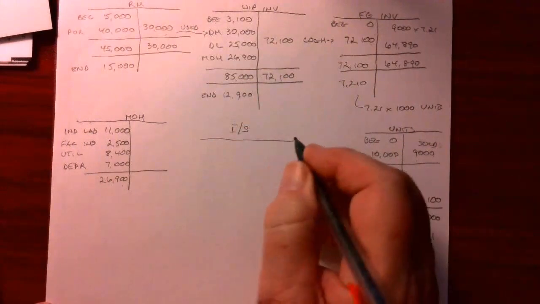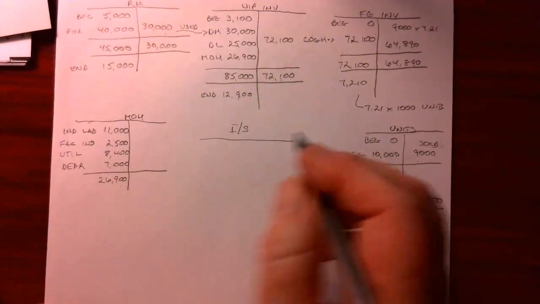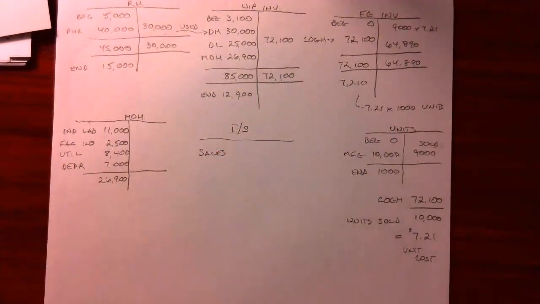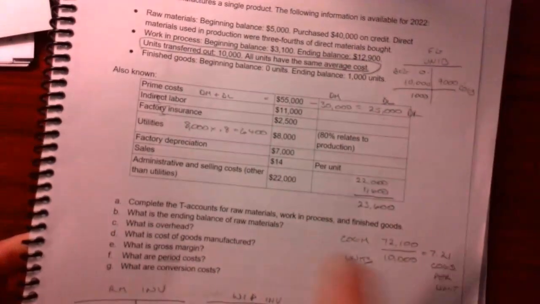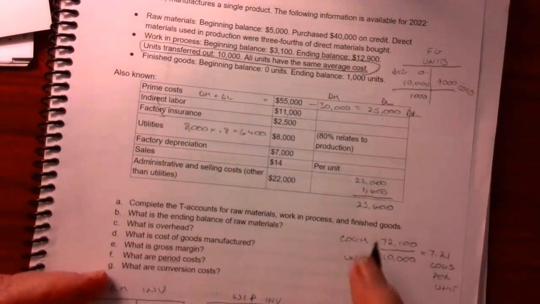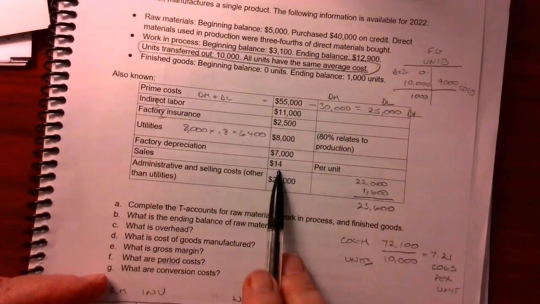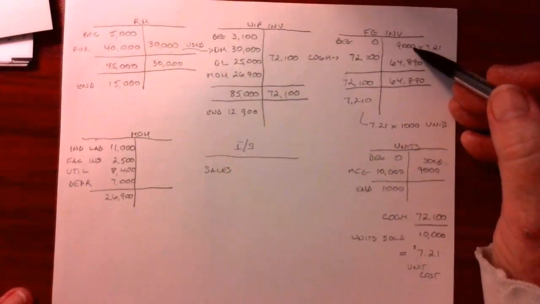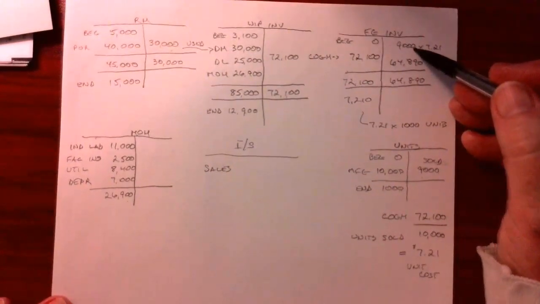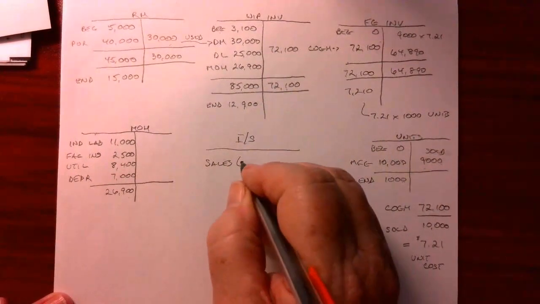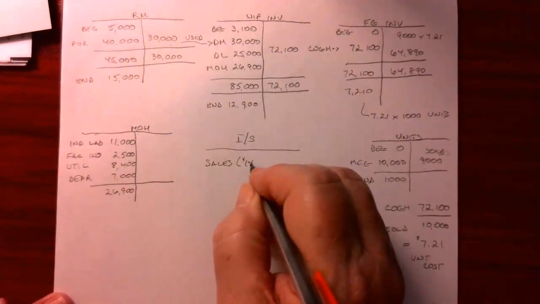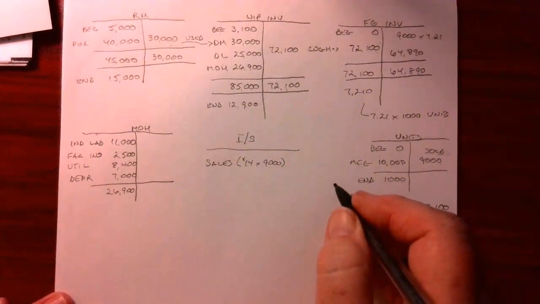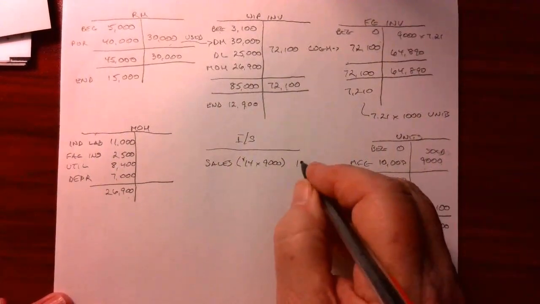The income statement has sales, and they gave us a selling price. There's information down in here, okay? So let's use some of this. Selling price is 14 per unit, and we sold 9,000 units. So sales are 14 times 9,000, 126,000.